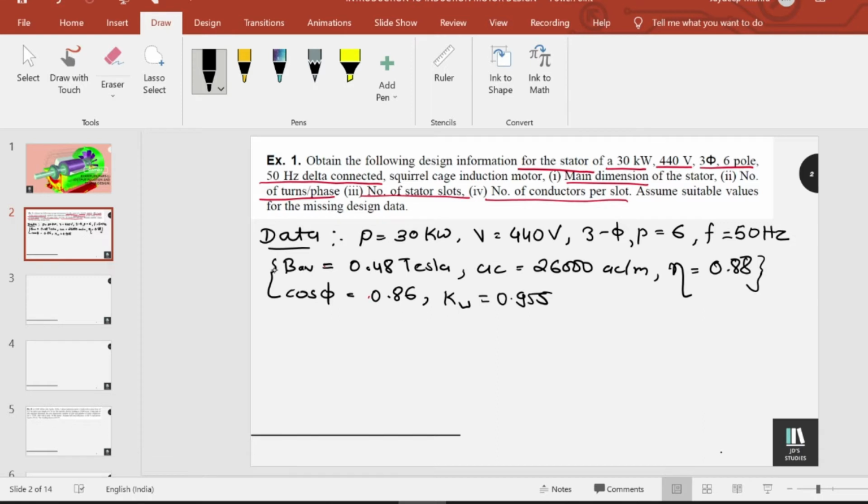Now we have the output equation. First of all we have to find the main dimensions, meaning D and L. So we need the values of D and L. Then we have the output equation.